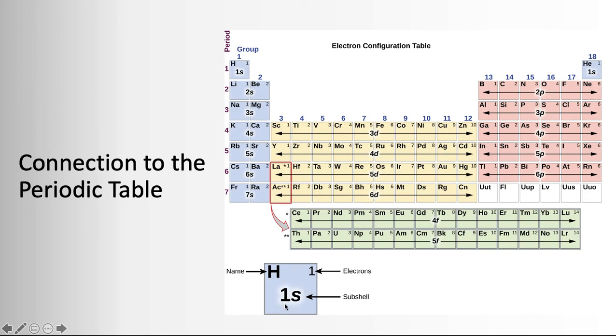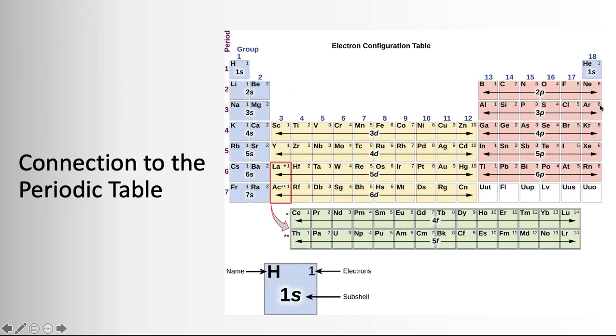Now if we move on to row 2, period 2, that tells me that I'm filling the second energy level. The first two groups of the periodic table are filling the S subshell.